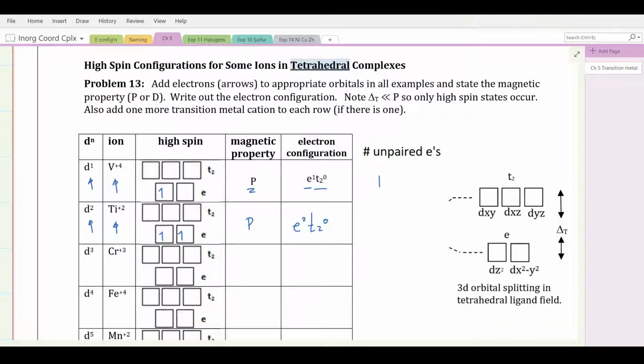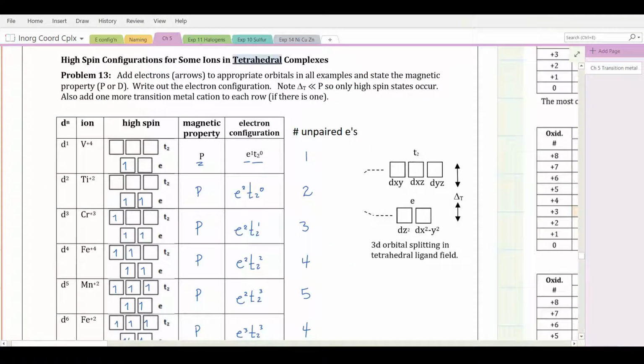And this is true regardless of the strength of the ligand, weak ligand or strong ligand. And so we say that the pairing repulsion energy is greater than the tetrahedral field splitting energy in all cases. So for sake of time, I will just show you the solutions to this exercise. You can pause the video as necessary to check your answers.